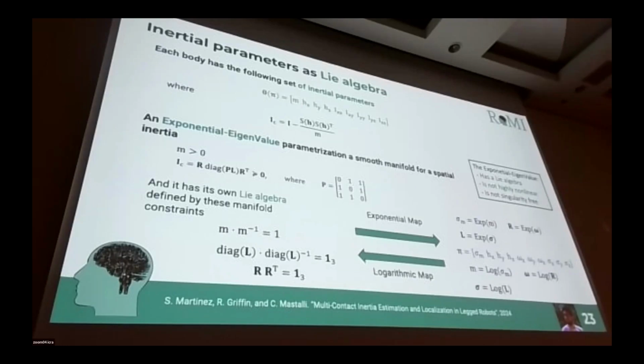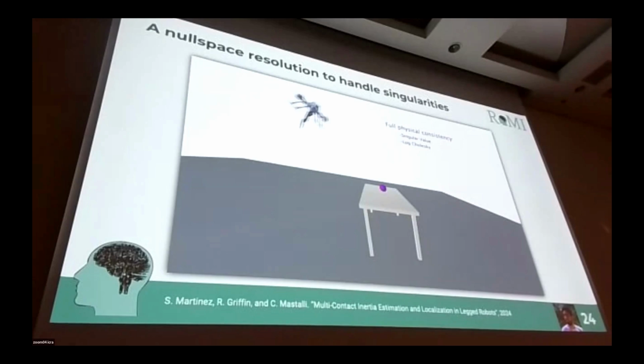Now, I didn't explain what singularity free means. When we see this plot of this particular parameterization, you can see that you have a singular point when the second moment of inertia in x or y, or z, are equal. These are basically the singularities we get in the Jacobian, which is actually a problem in numerical optimization. For example, in this case, when we have a sphere, we have this type of problem.